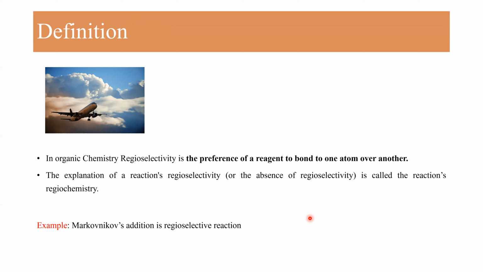If you choose to travel by air, that is a certain type of preference, and of course that preference is on the basis of some factors or objectives, right? So that preference of an atom in organic chemistry to be bonded to a certain position is basically the regioselectivity.